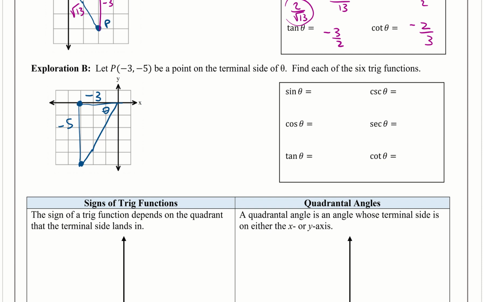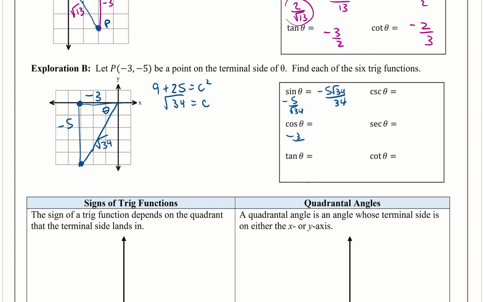And then my hypotenuse here, if I use the Pythagorean theorem, let's see, that's 34, and so this would be the square root of 34. Now, technically, there's a plus or minus, but we're going to say that this is going to be a positive hypotenuse here. So the sine would then be -5 over √34, opposite over hypotenuse, and don't forget to rationalize.